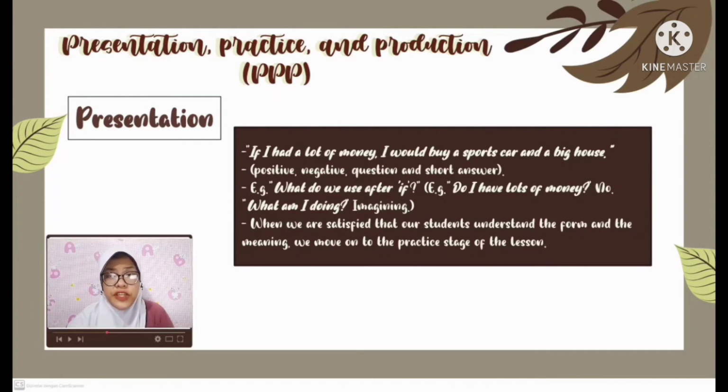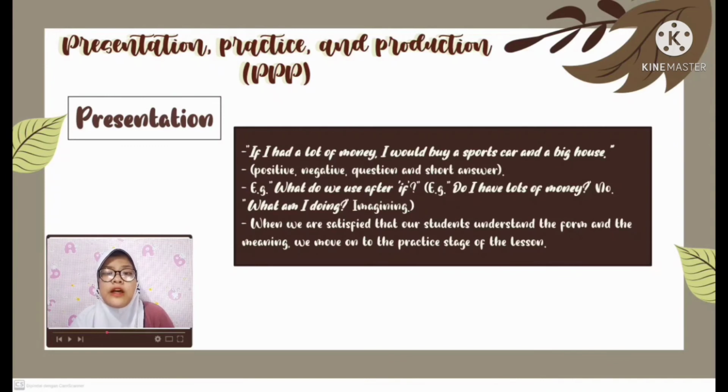Okay, so next is presentation. So in this stage, the teacher presents the new language in a meaningful context. So we can build up stories on the board, using realia or flashcards and miming are fun ways to present the language.